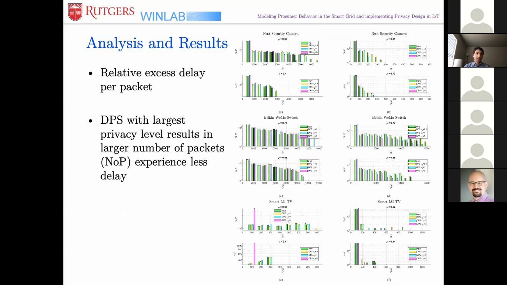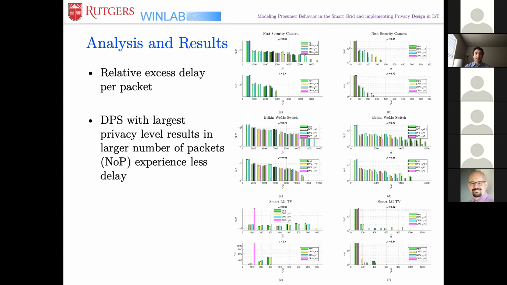This set of figures illustrates the histograms of relative excess delay per packet, which can provide a deeper understanding of the performance of each shaping mechanism. I should mention that we have just two middle efficiency levels here to abbreviate the number of figures.